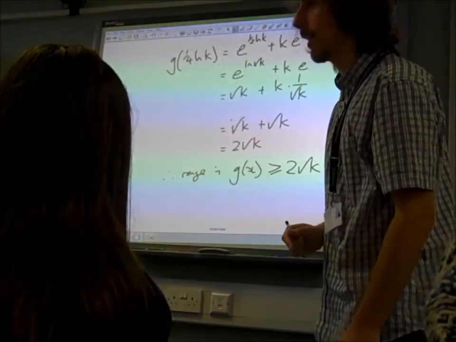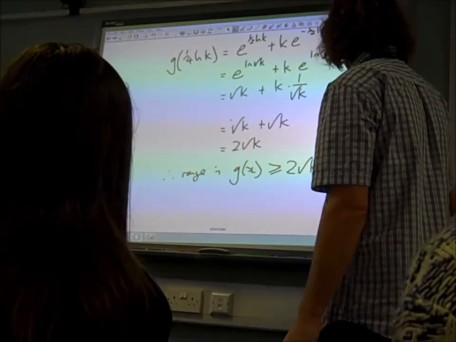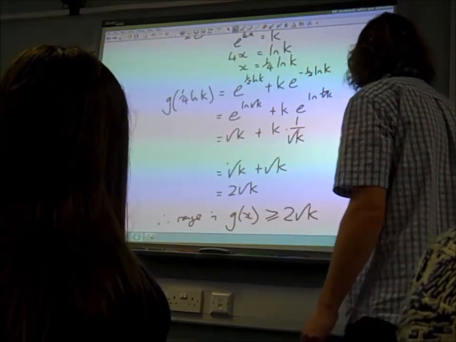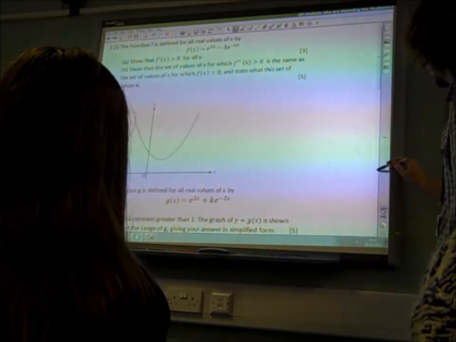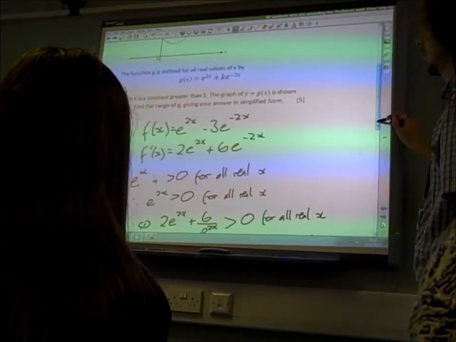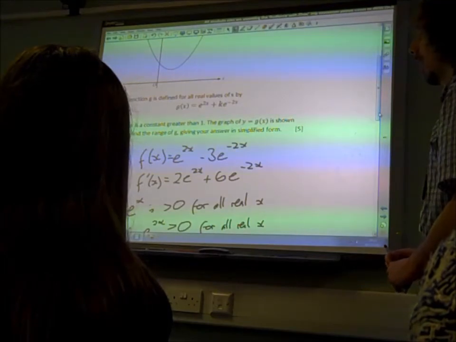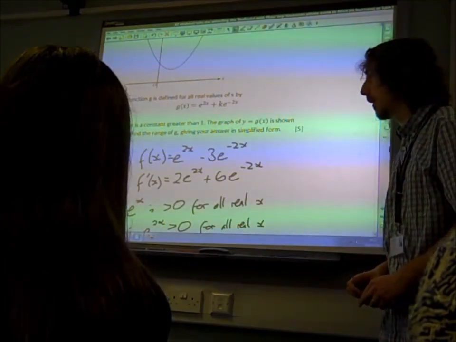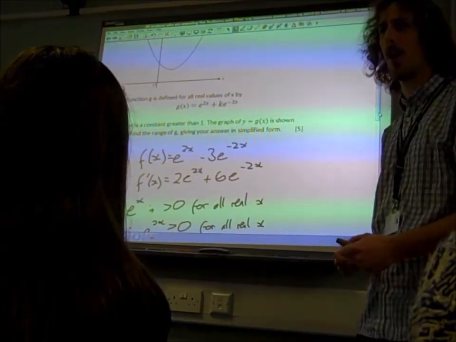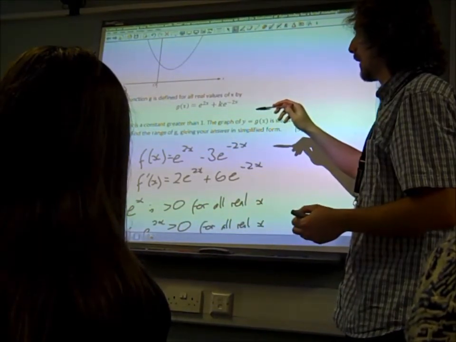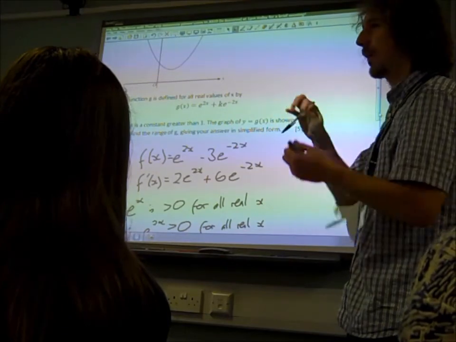I got to the bit where it was the unsimplified form, so that's the top bit. But then I went wrong in my simplification, so how many marks did I lose? It was 5 marks altogether, was it? Yeah. What do we think? I think you're probably going to get 4, aren't you? Because we had a lot to do here. We had to differentiate it, and we had to put that equal to 0.